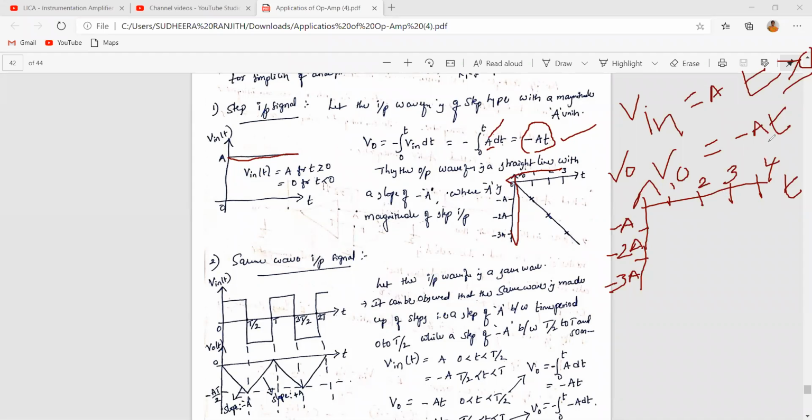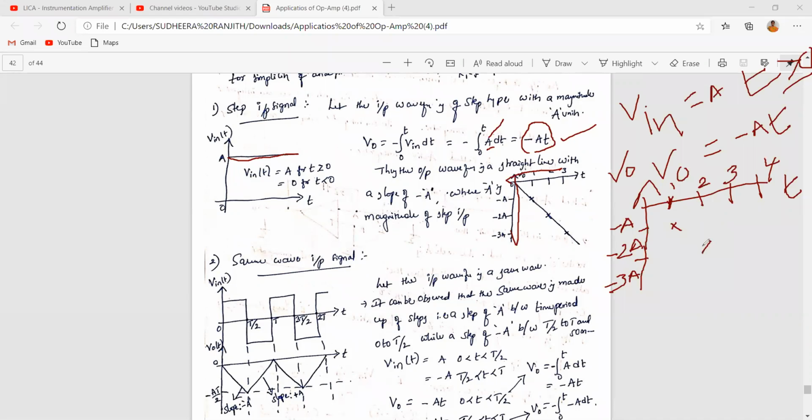At t equal to 1, what is V0? Minus A, sir. So I'm pointing minus A here. At t equal to 2, what is V0?